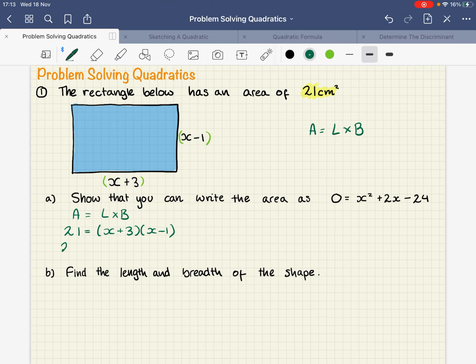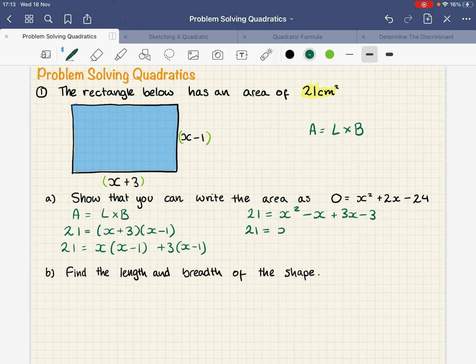So I'm going to break apart those brackets. So I've got that x plus 3, and putting the second bracket in the slot next to it. And then I've got 21 equals x squared minus x plus 3x minus 3.